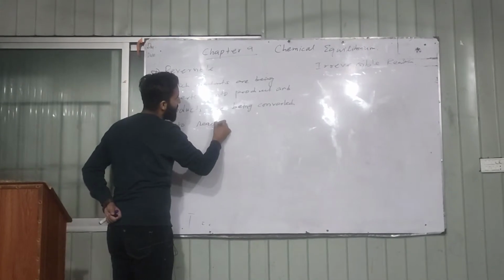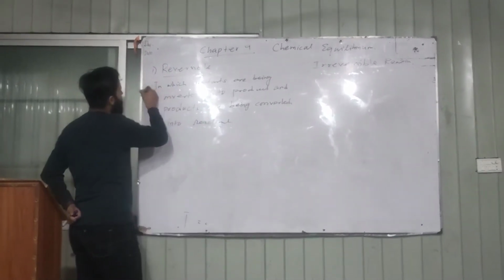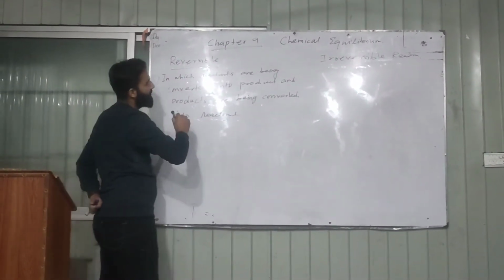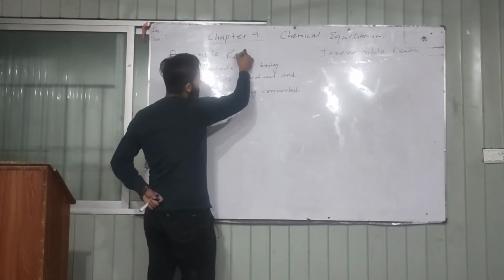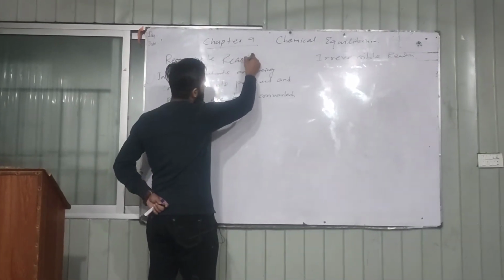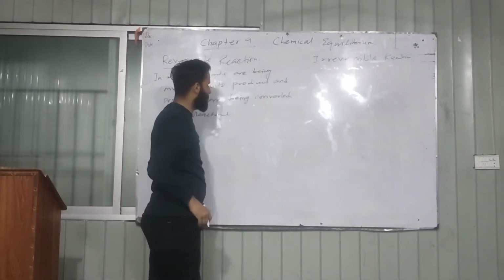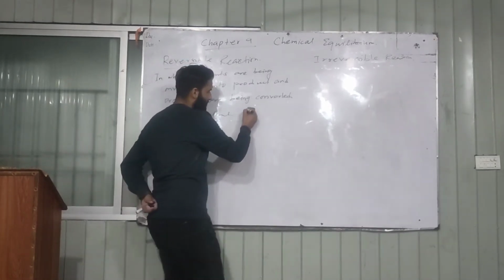This is our first point. Reversible reactions are those in which reactants are converted into products and products are being converted into reactants simultaneously.